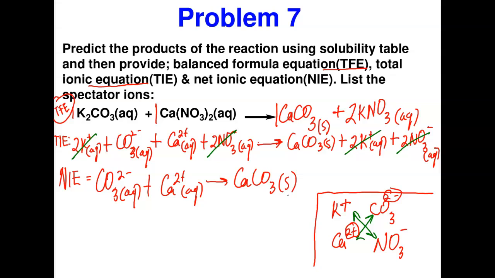And that is the net ionic equation. Now, what are the spectator ions? Those ones that I cancelled out. Spectator ions are those ones that I cancelled out.